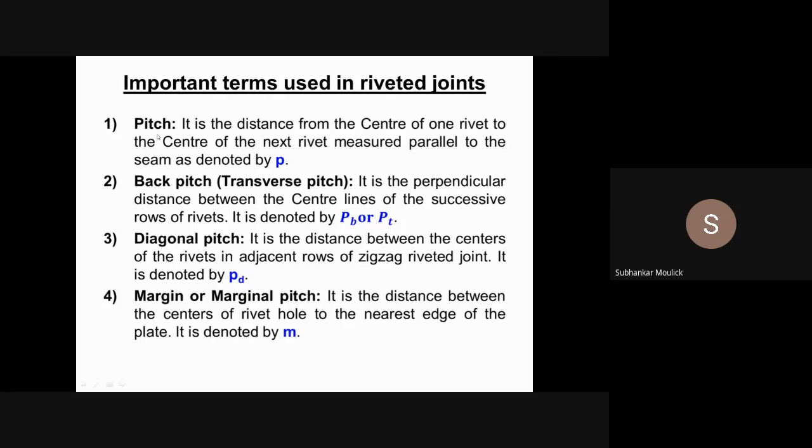First one is pitch. Then the second one is back pitch, also known as transverse pitch. The third one is diagonal pitch. And the fourth one is margin or marginal pitch.